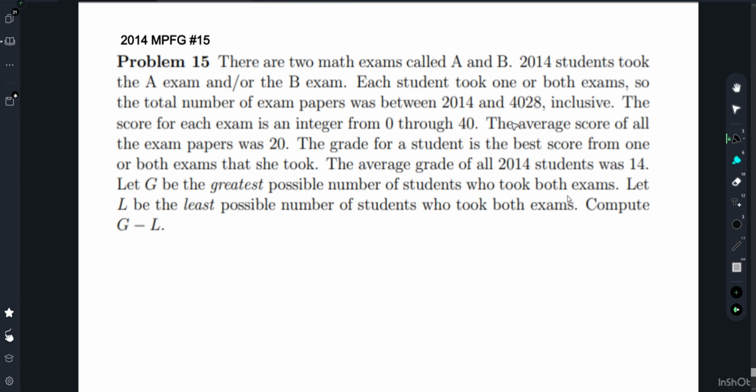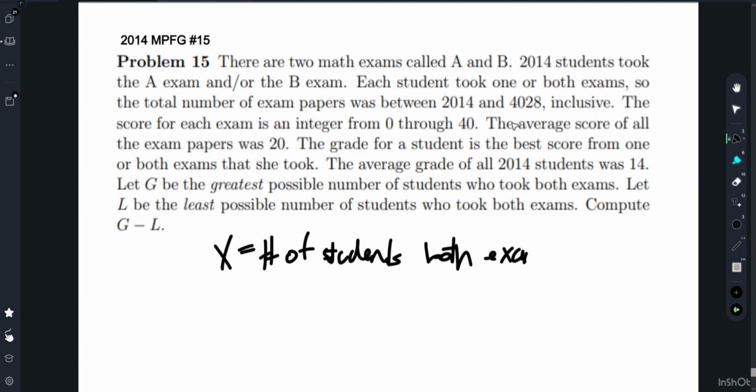Let G be the greatest number of students who took both exams, and L be the least possible number. Alright, so we need to compute G minus L. Let's let x be the number of students that took both exams. And then we have 2014 minus x as the number of students that took one exam.